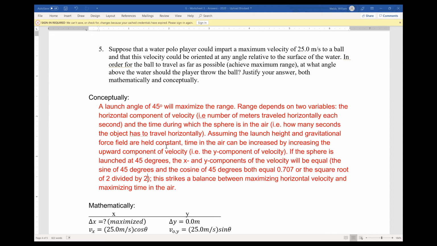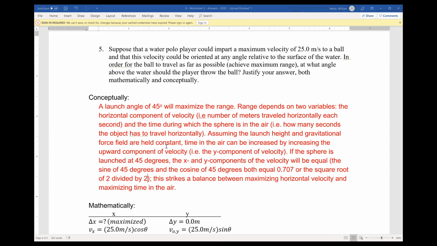But on the exam, there's always one FRQ that requires you to write a paragraph-length response. This could be an example where they might ask that. So I thought I'd show what a paragraph-length response would look like for a free response question, with a little bit of conceptual and a little bit of math integrated into the paragraph.